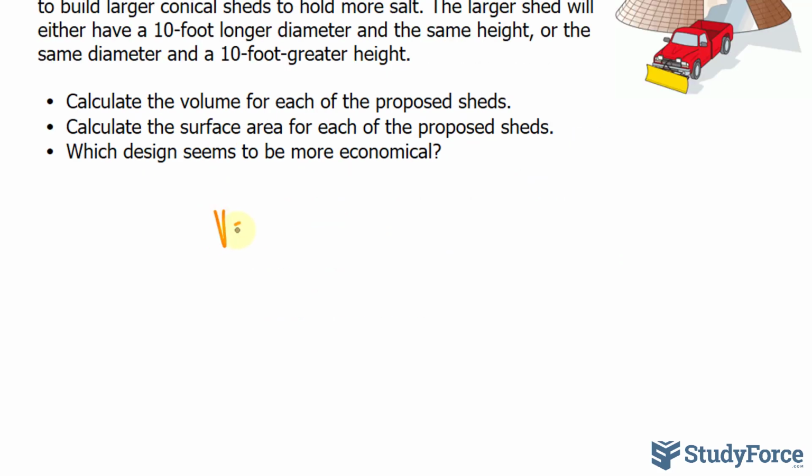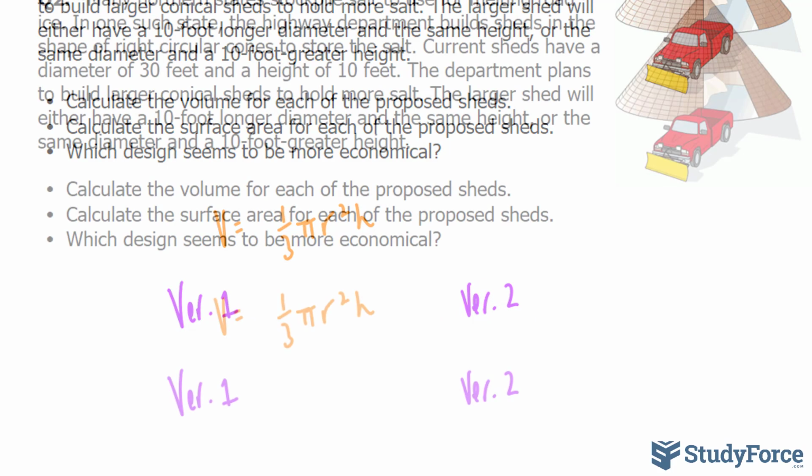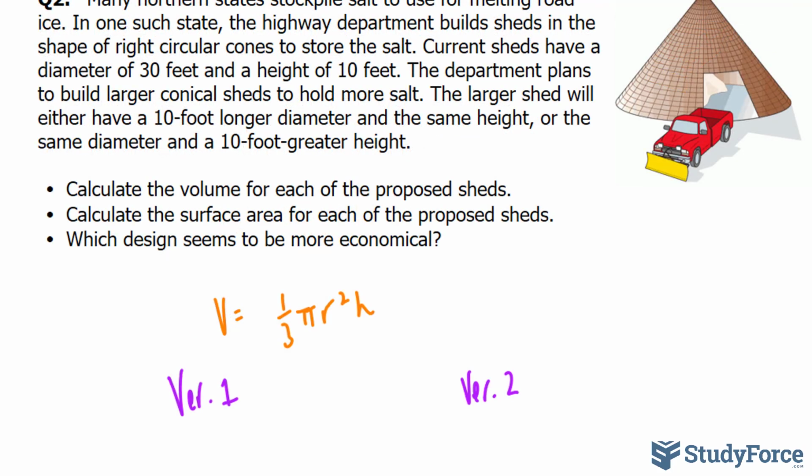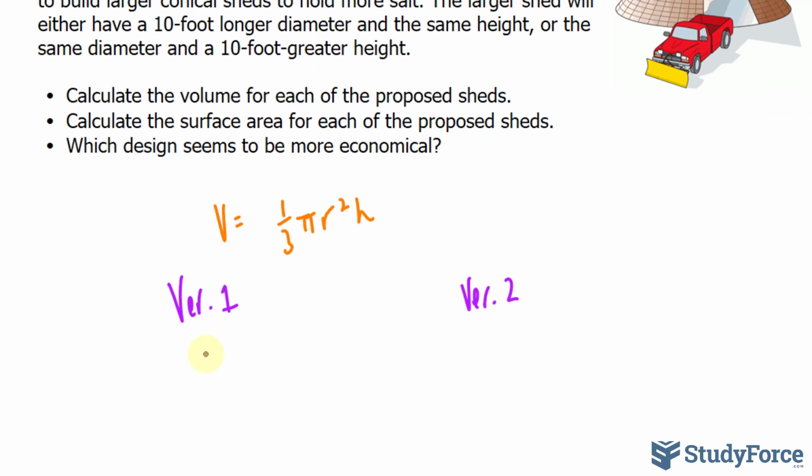We have volume is equal to a third pi r squared times h. We'll find out version 1 and version 2. So in version 1, that's when the diameter increases by 10 feet. The diameter and the radius are related in the sense that the radius is half the diameter. Originally, the diameter is 30, so if we're adding 10 feet to that, the diameter is now 40.